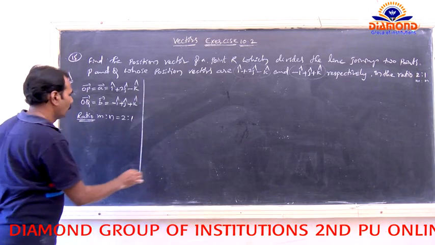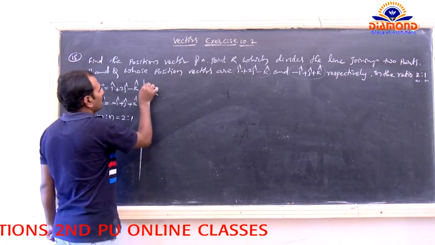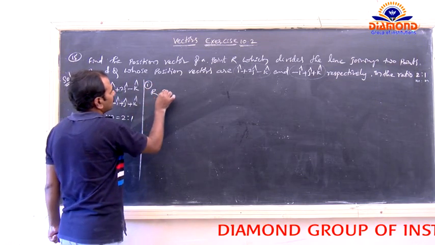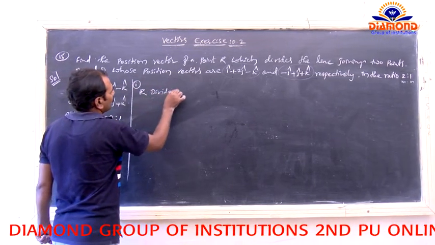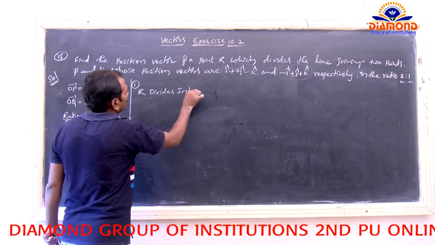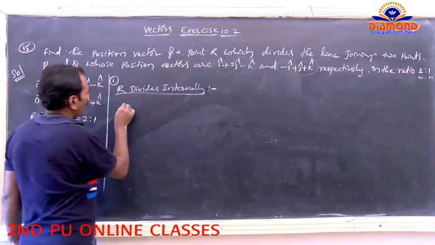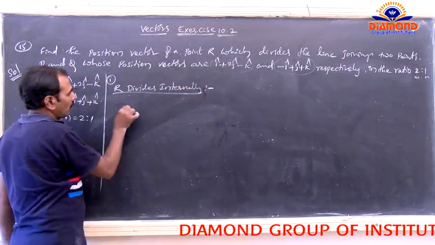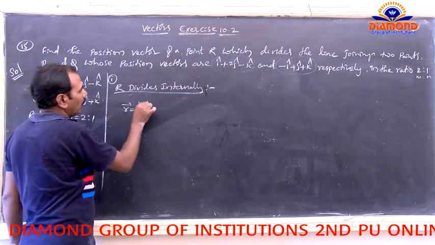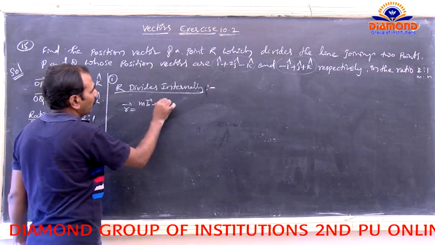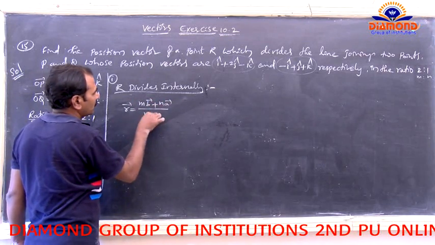First condition: R divides internally. OR means small r bar equal to m b bar plus n a bar divided by m plus n.